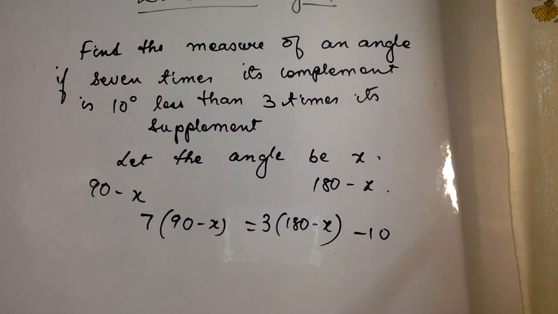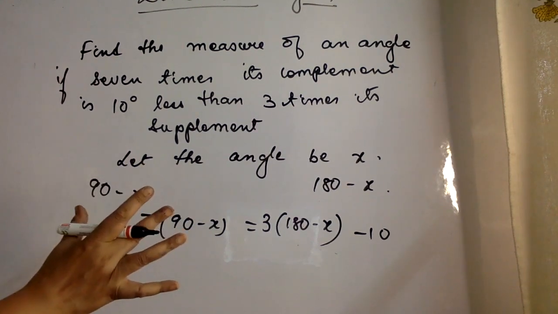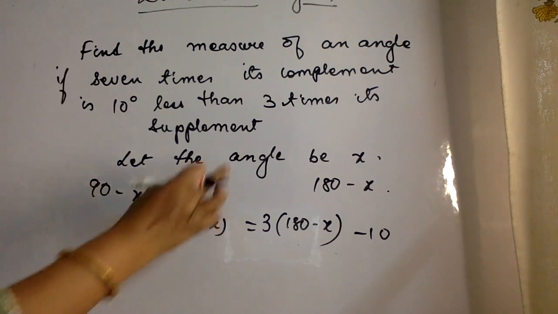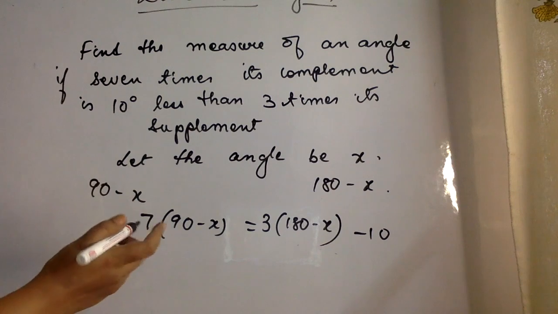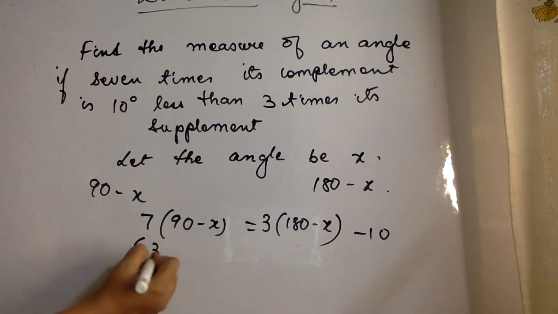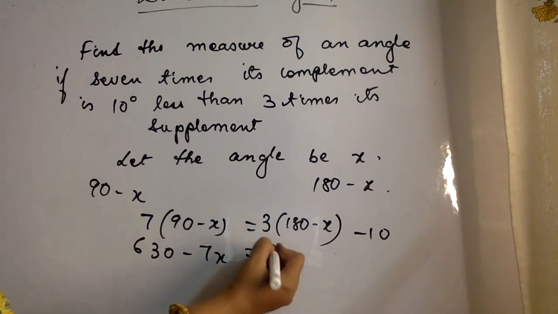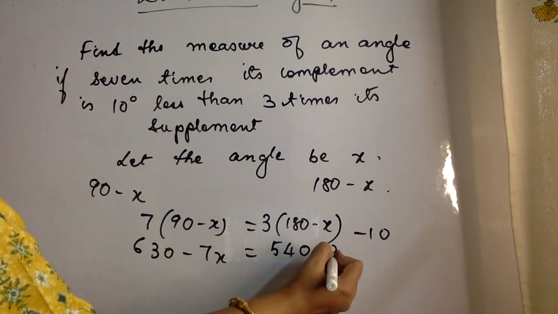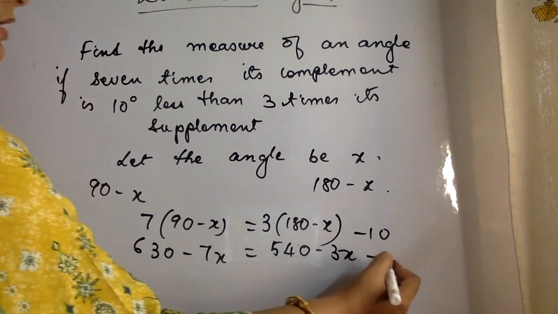So the entire equation has been formed with the supplement and the complement. The actual angle does not have much role to play in the equation. Now this is 630 minus 7x, this is 540 minus 3x, right, and then minus 10.